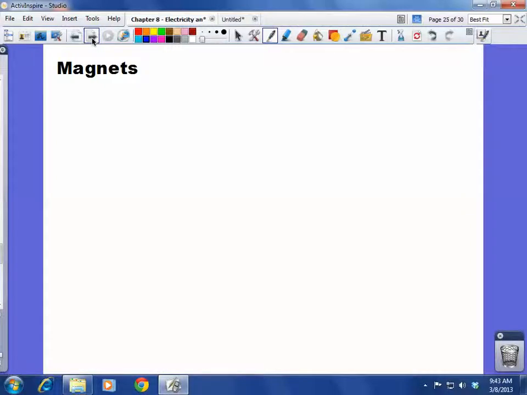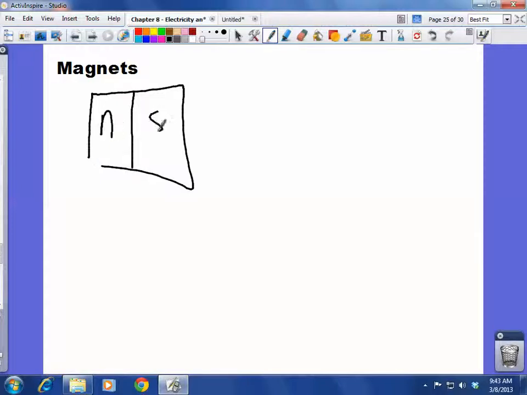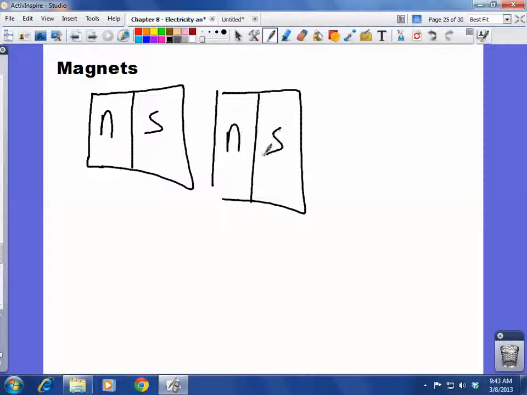Well, yeah, opposites attract, right? But instead of having positive and negative as we do in electricity, we're going to have a north and a south. Just like electricity, if I have another magnet over here, a north and a south, they're going to attract, because these opposite poles attract.